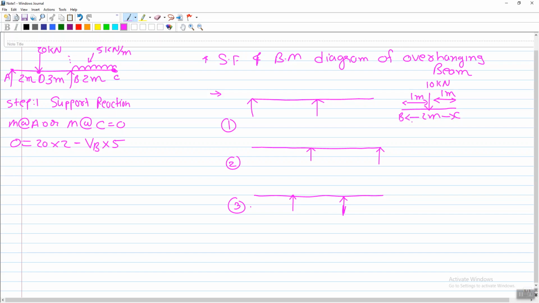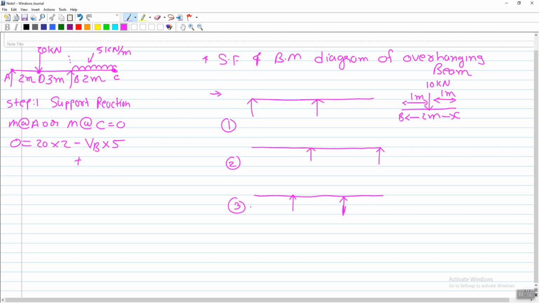So in this case, the moment due to the UDL at point A is 10 into (4 plus 1 plus... ) it is a plus because it is a clockwise direction. Let me put this symbol here so that you will not get confused.